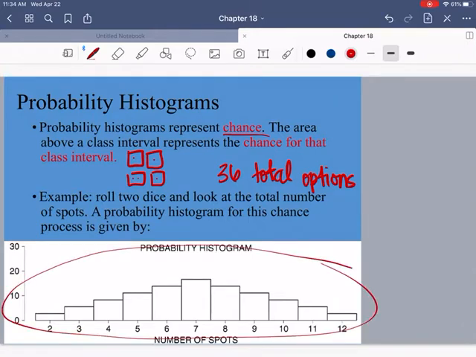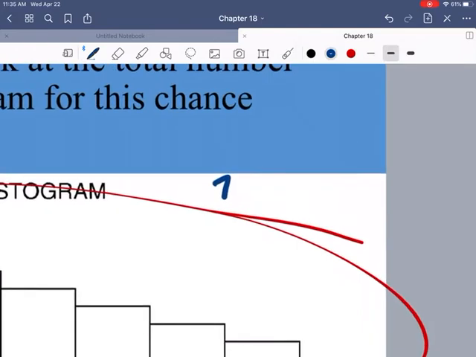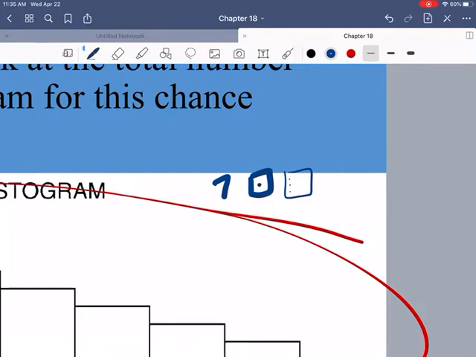This probability histogram right here shows the total number of spots on the 2 dice, and the probability of each of those happening. So to get a 2, or actually let's do a 7. To get a 7 when you roll the dice, we have a few options. You can get a 1 and a 6, or a 6 and a 1.